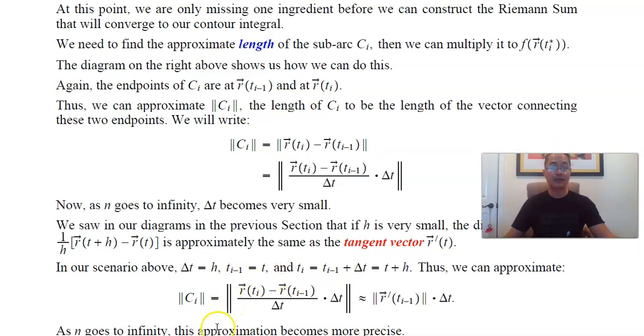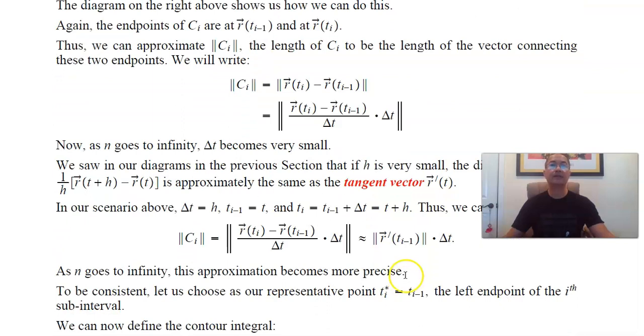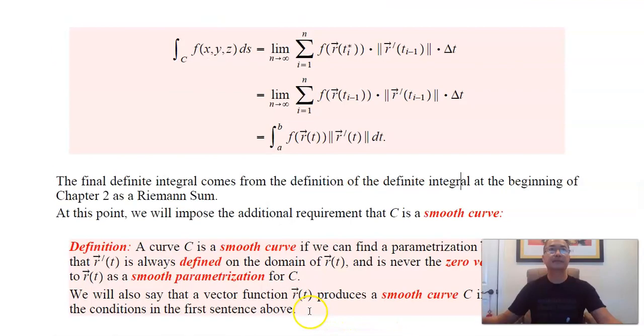The length of this subarc is what we have over here, and that is approximately the magnitude of the derivative of the parametric curve evaluated at the left endpoint t_{i-1}. So to be consistent, we might as well also choose as our representative point t_i star the same point that we chose over here, which is t_{i-1}. All right, so great. We are now ready to create the contour integral.